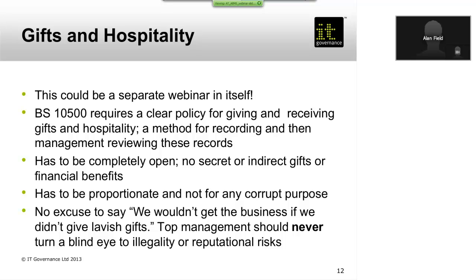But many organisations, very, very reputable organisations at that, will have completely different policies to the way this is implemented. So what we aim to give you here is really just an overview, and the key point to make is that top management should never turn a blind eye to illegality or reputational risks.